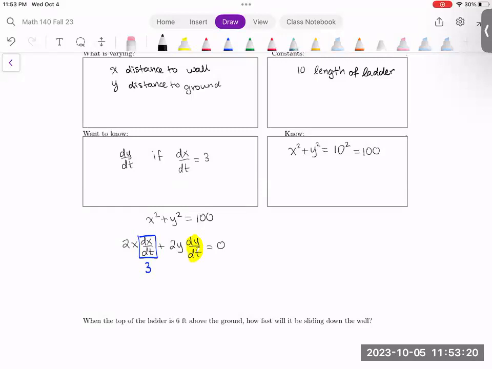We have that 2y dy dt is equal to negative 2x times 3, that's dx dt. Dividing both sides by 2y, we find that dy dt equals negative 3x over y.